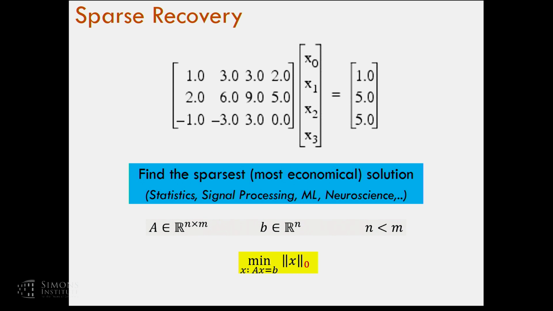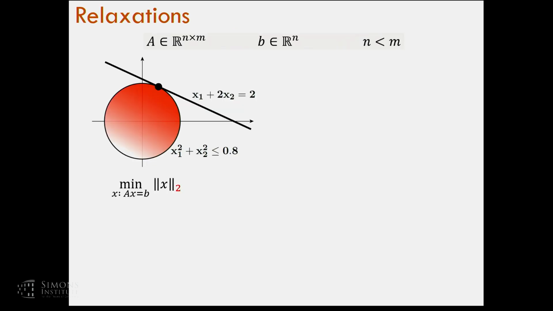So a bit more formally, given a matrix A, which is an n cross m matrix, and a vector b, the goal is to find a vector in the space Ax equal to b with minimum L0 norm. This problem turns out to be NP hard, and hence one approach to tackle it is to look for relaxations.